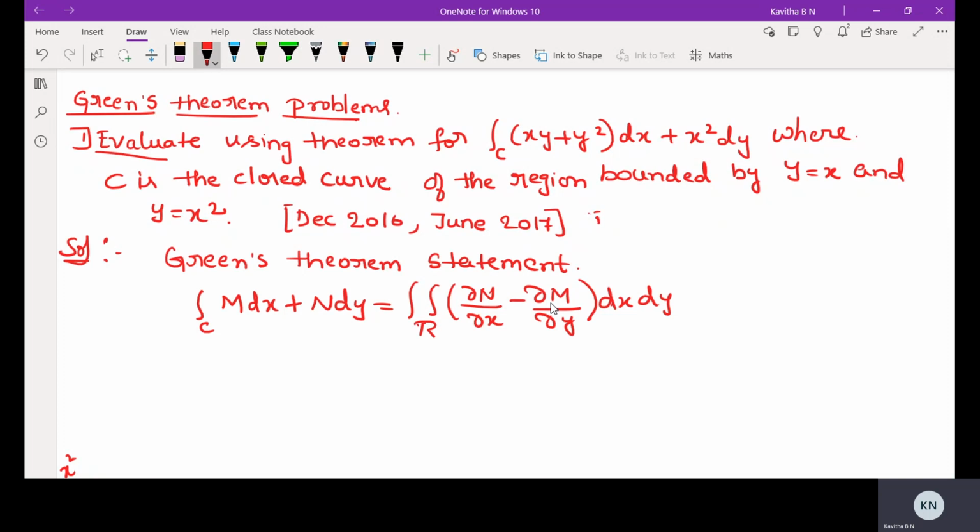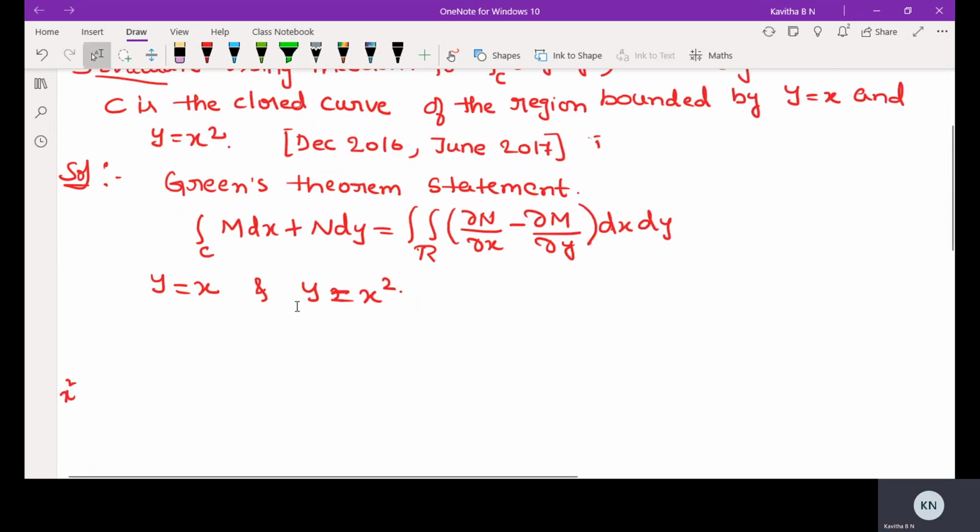Then the equations are given here, y is equal to x and y is equal to x square. Then we need to draw the graph. Draw the x-axis and y-axis.